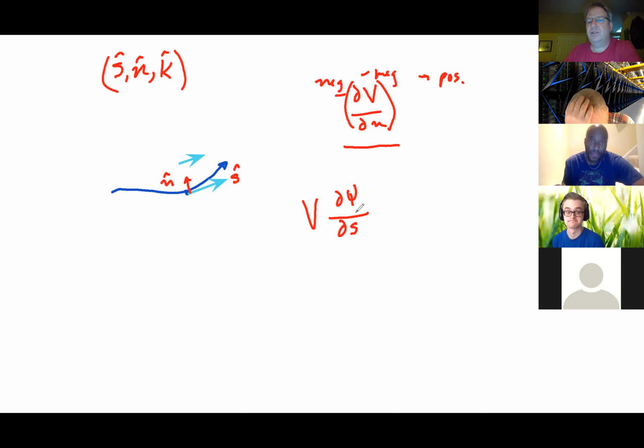What are the units of shear? Do you agree the units of shear is meters per second per what? Per meter. So it's just s to the minus 1, which is a what?